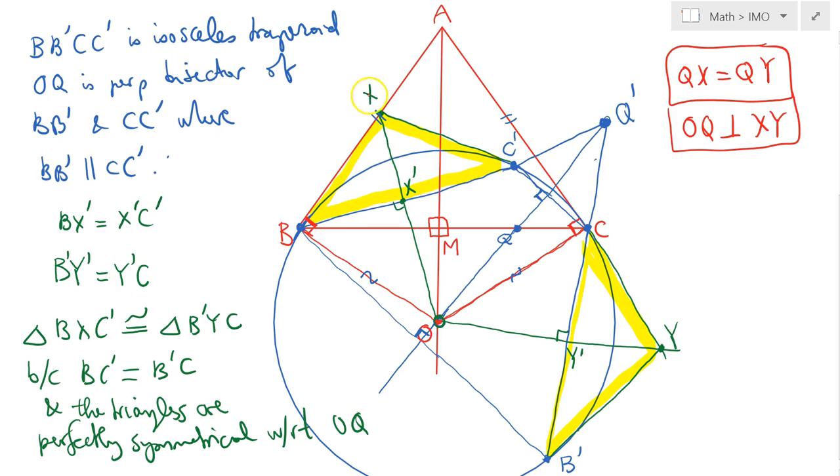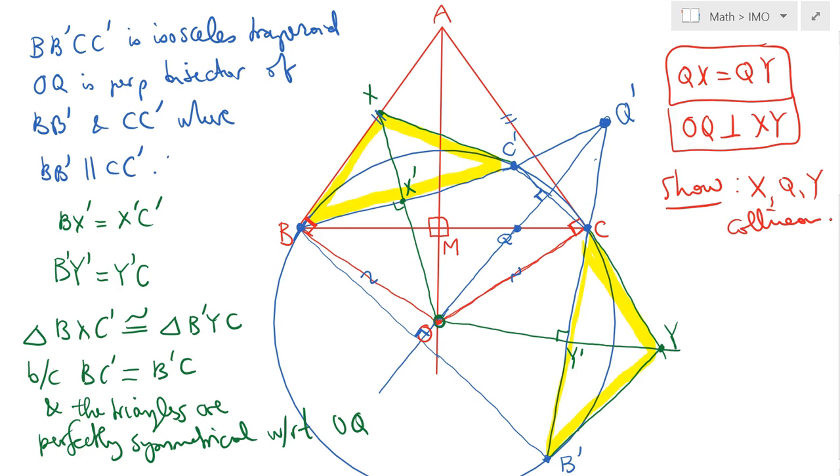As a result, I would finalize the proof by finishing as saying that X is in fact the point E and Y is in fact the point F. So for now, think of X and Y as phantom points, and we still need to show that X, Q, Y are collinear.